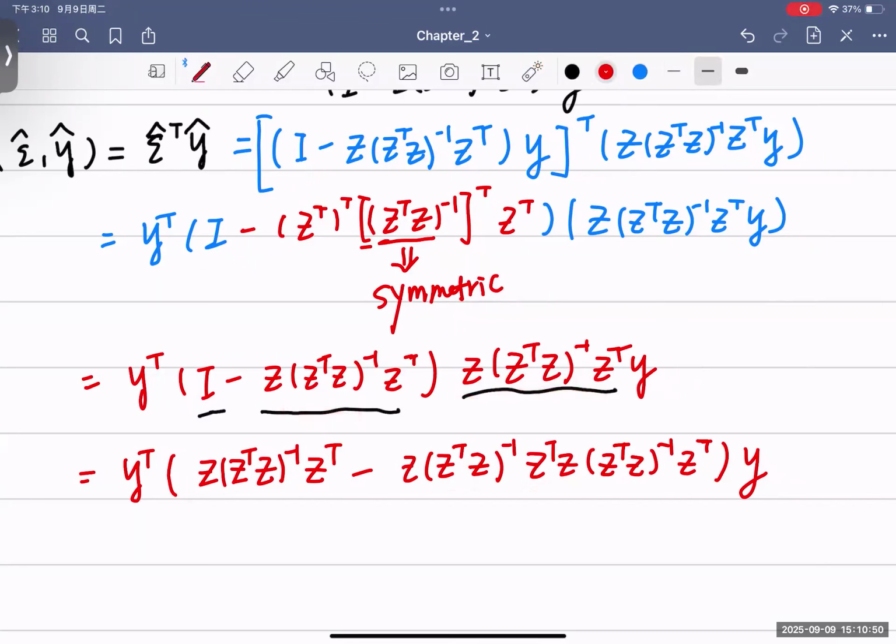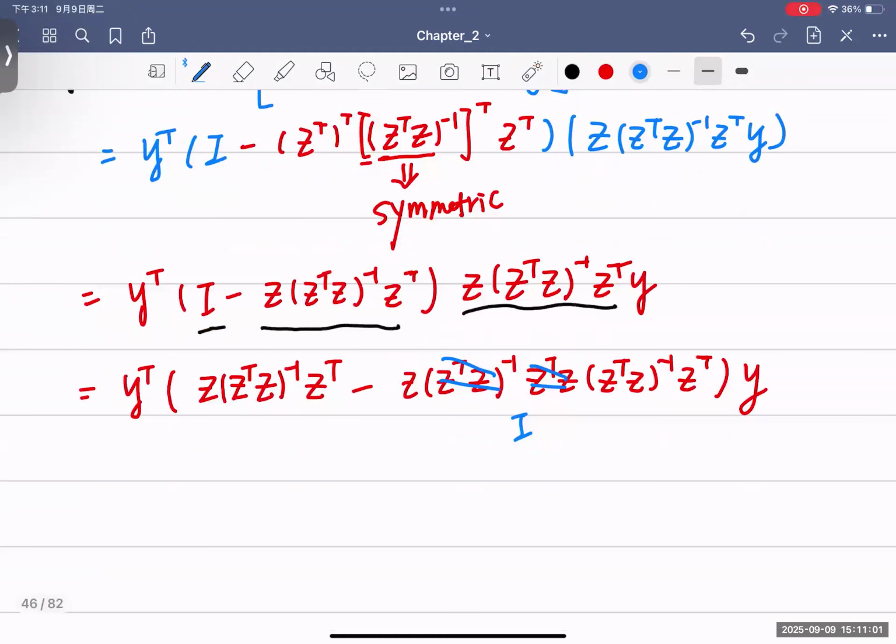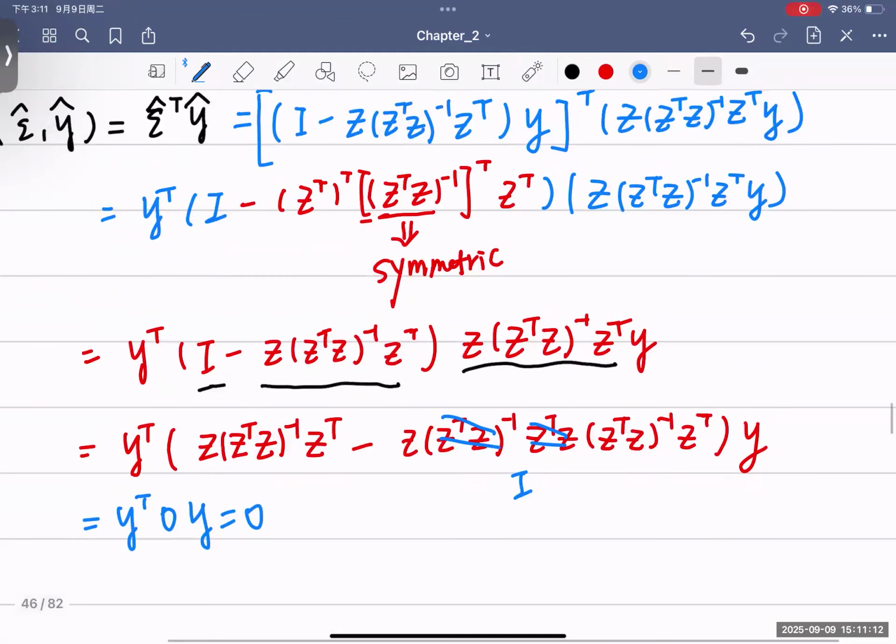This means these two terms will cancel as an identity matrix, and the whole component is the same as this one. So the intermediate part is 0 times y, so it's still 0. Okay, that finishes the inner product between epsilon hat and y hat.